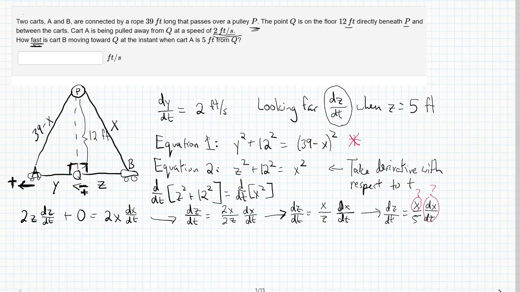So before I go back to there, we'll find x right here. And the way we can find x, we know z equals 5. So when z equals 5, that means we have 5 squared plus 12 squared equals x squared. 5 squared is 25, 12 squared is 144.